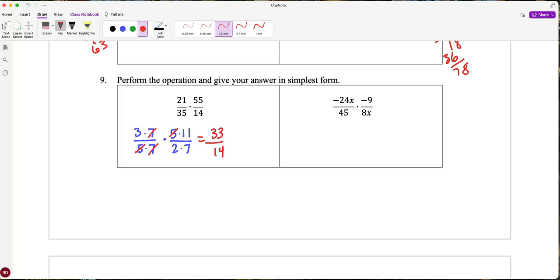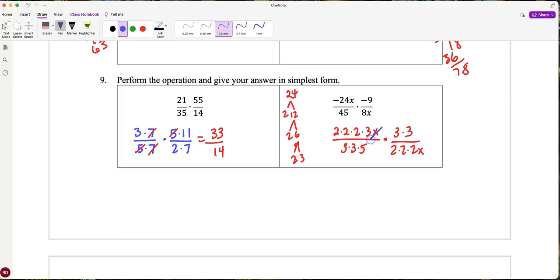So this number is going to be positive, okay? If we break everything down, 24 is what? 2 times 12, 2 times 6, 2 times 3. So 2 times 2 times 2 times 3x. 45 is 3 times 15, so 3 times 3 times 5. 9 is 3 times 3. 8 is 2 times 2x.